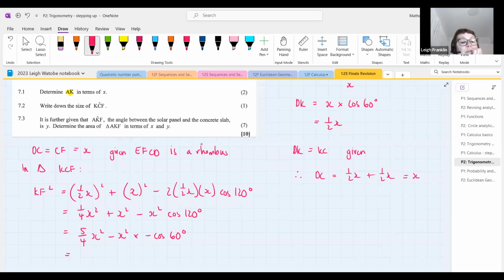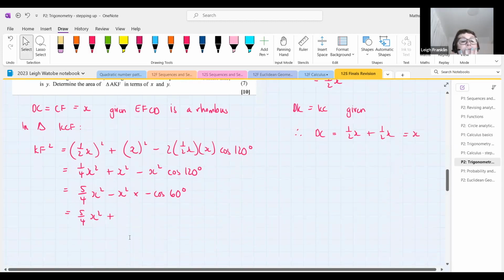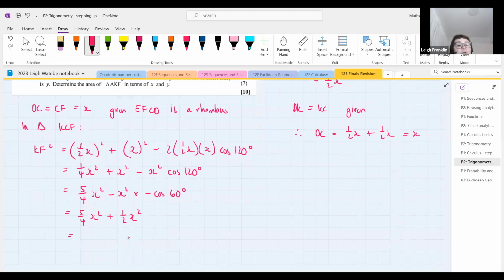So this is going to give us 5/4 X squared plus the cos of 60, which is a half. So this is going to be plus a half X squared. Now when I add those two together, I'm going to times that by 2 to get 4, times that by 2. So this is giving me 7/4 X squared.